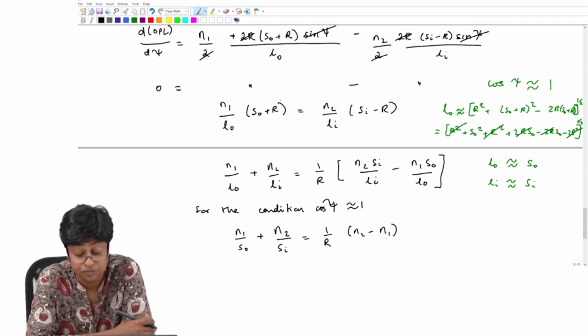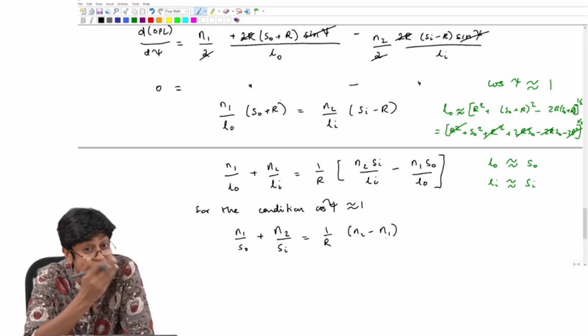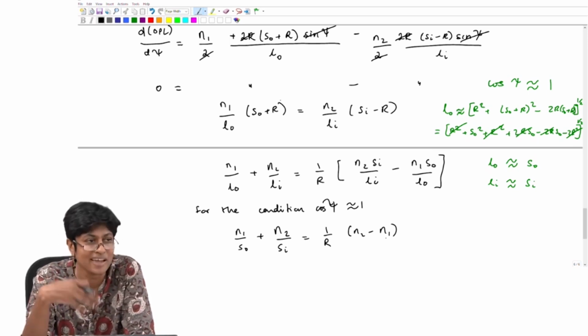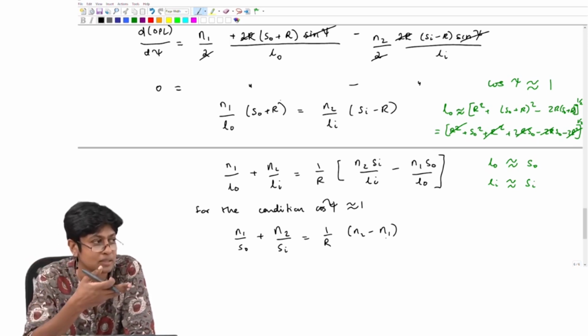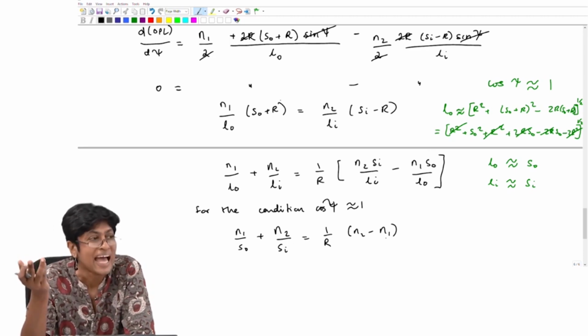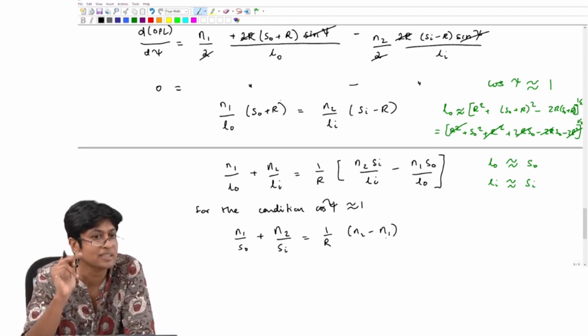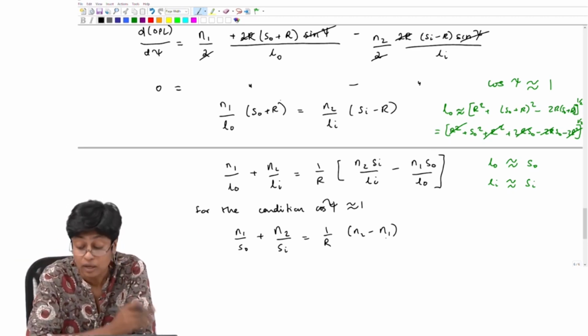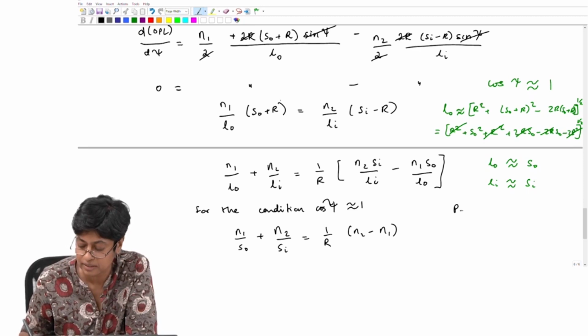In other words, I've removed the L naught and Li, and I am saying any ray coming from the point S will reach the point P as long as the rays make a very small angle with the optical axis. We call such rays paraxial rays.